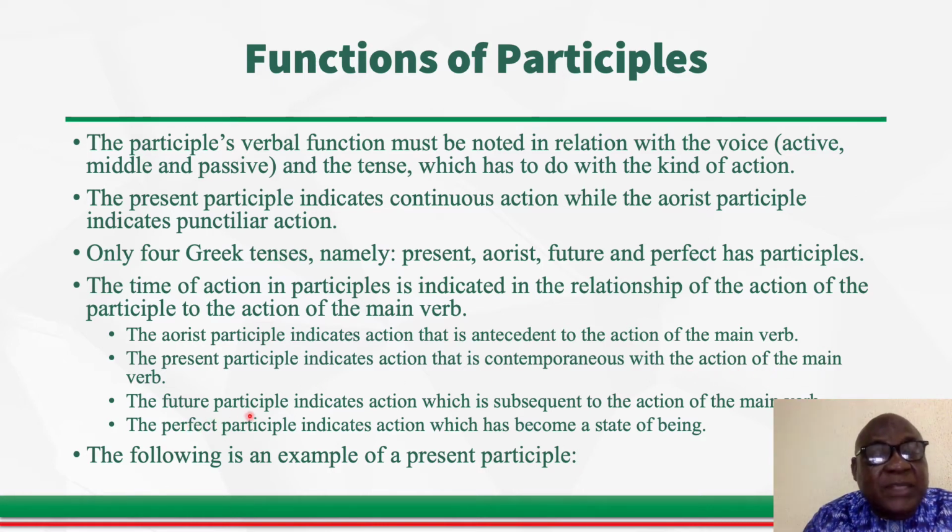If you are dealing with a future participle, then the action of the participle is subsequent. In other words, it comes after the action of the main verb. And if you are dealing with a perfect participle, then it means that action has become a state of being.